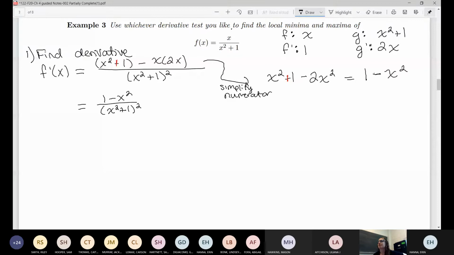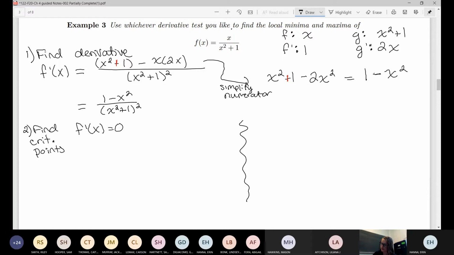I'm going to try to remember to pause every once in a while to let y'all catch up. So once we've found the derivative, this is where we need to find our critical points. We're going to have essentially 2 situations for this derivative because we need to find where it's equal to 0.